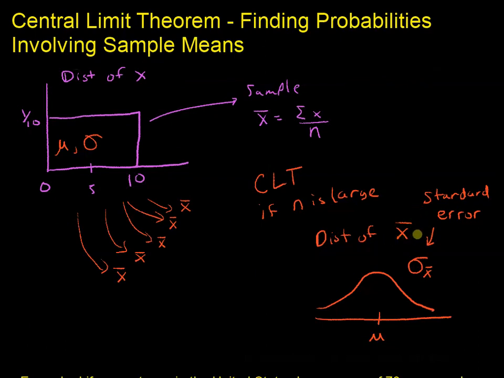It's the standard deviation of a statistic versus a standard deviation of a random variable. That's why we call it standard error and not standard deviation. What it equals is sigma, the standard deviation of the original variable, divided by the square root of n, the square root of the sample size.